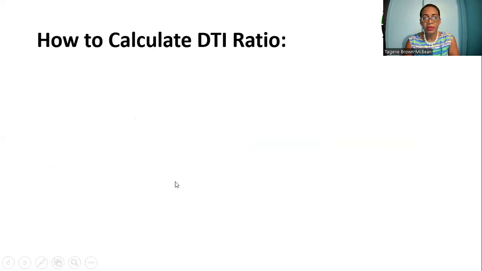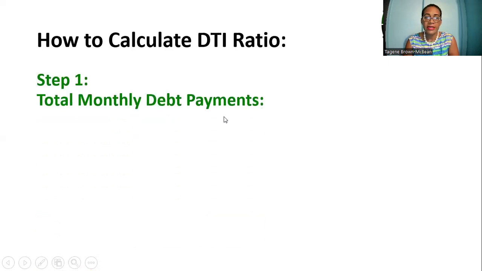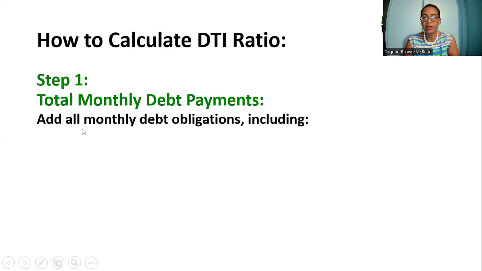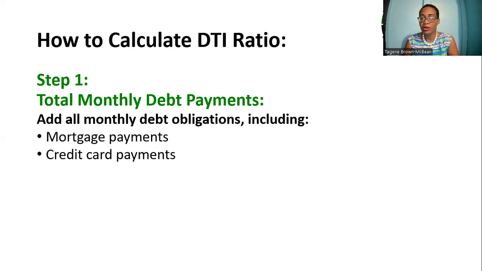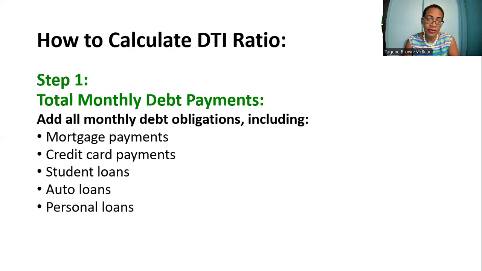All right, so I'm going to show you how to do this calculation. The first step, you're going to need a total of your monthly debt payment. You're going to add up all your monthly debt obligations, which will include your mortgage payment, your credit card payment, your student loans if you have student loans, your auto loan payment, personal loan payments.